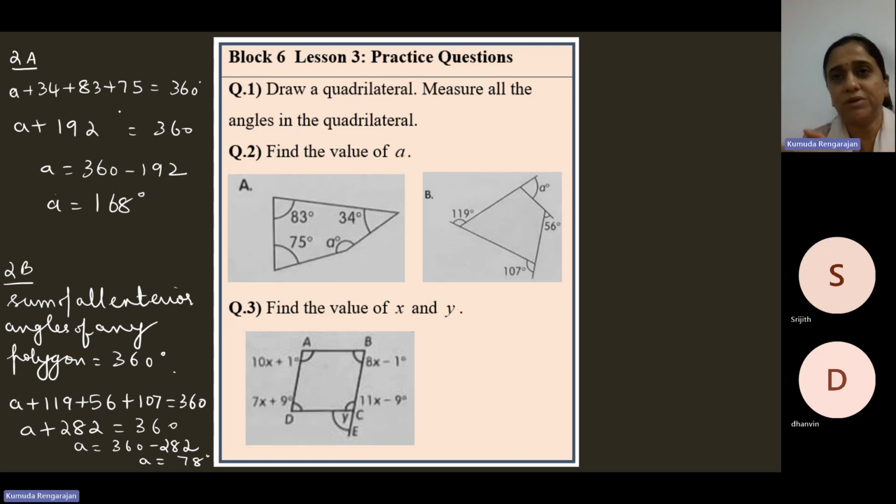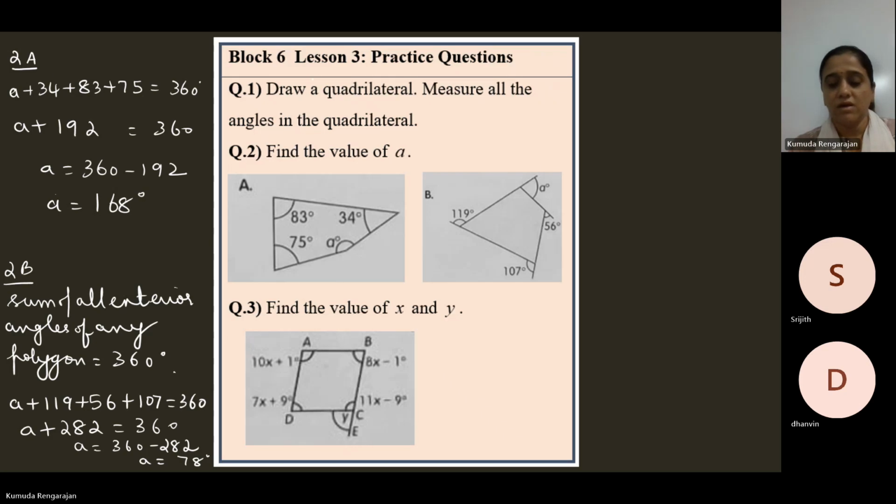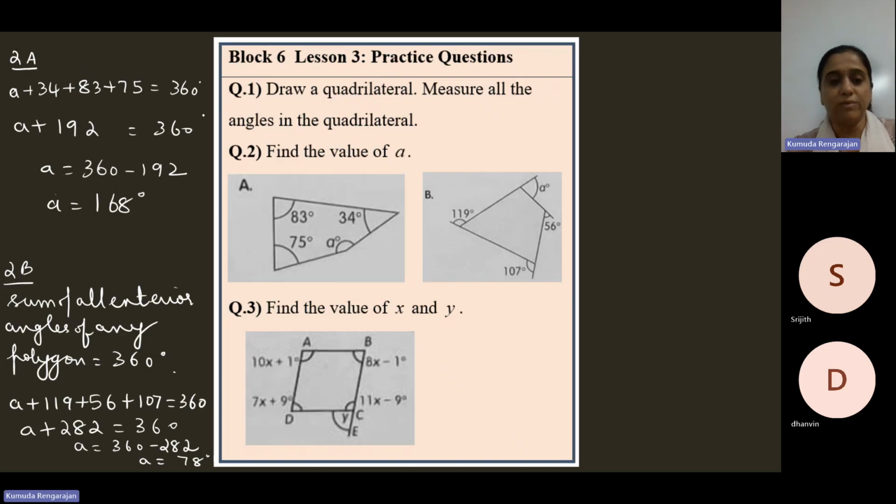So we are given some expressions for angle A, angle B, angle C, and angle D. It's a quadrilateral. The sum of the four angles is equal to 360 degrees. Angle A is 10x plus 1. Angle B is 8x minus 1.